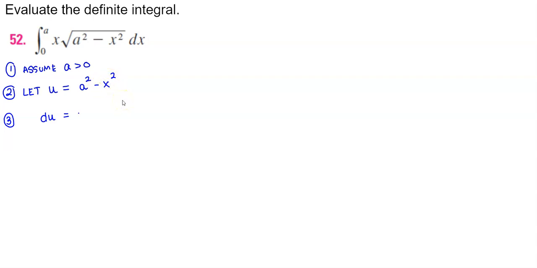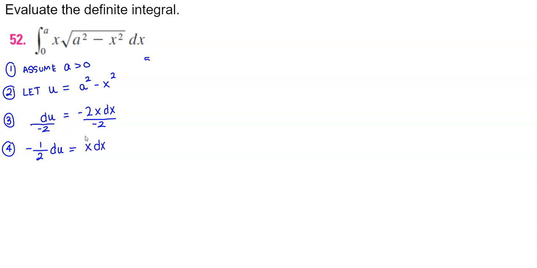And the derivative of negative x squared is negative 2x dx. Now look back up at the original question. We have x dx, so we need to divide both sides by negative 2. So dividing both sides by negative 2 is going to give us the following. We have negative 1/2 du, which is going to equal x dx.